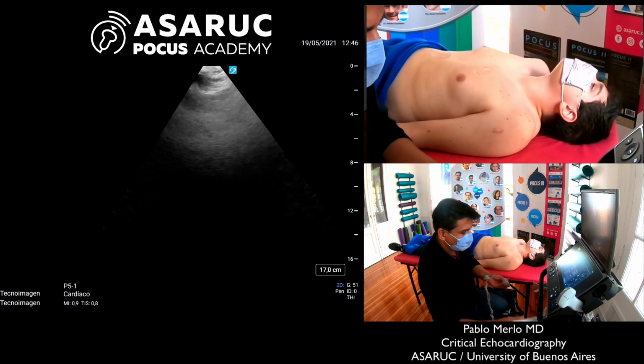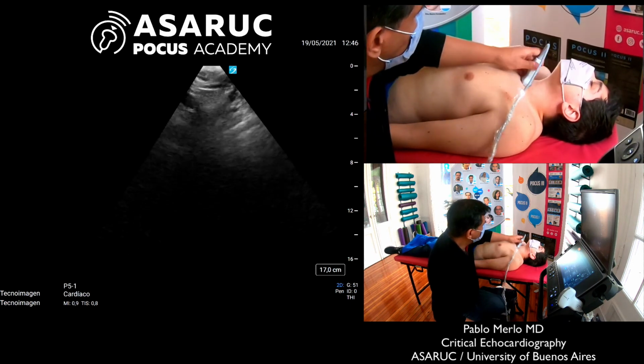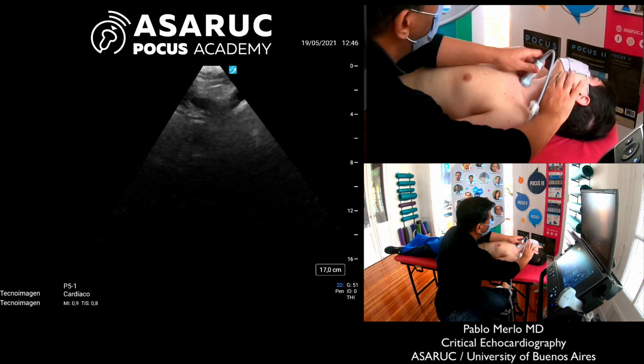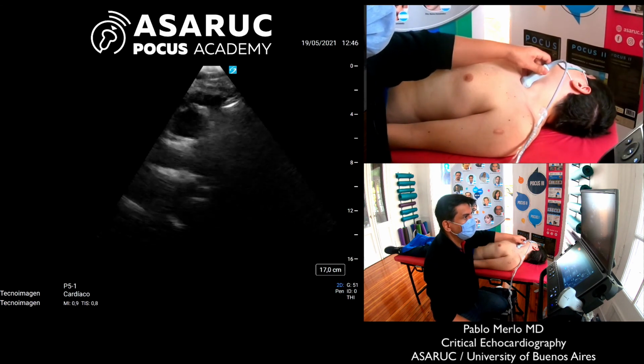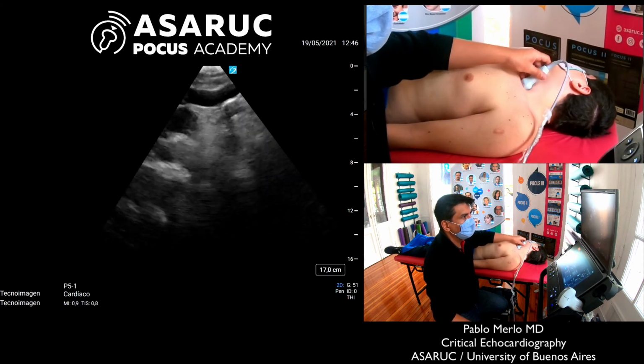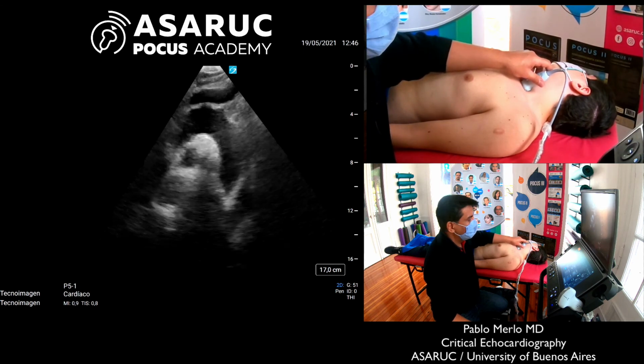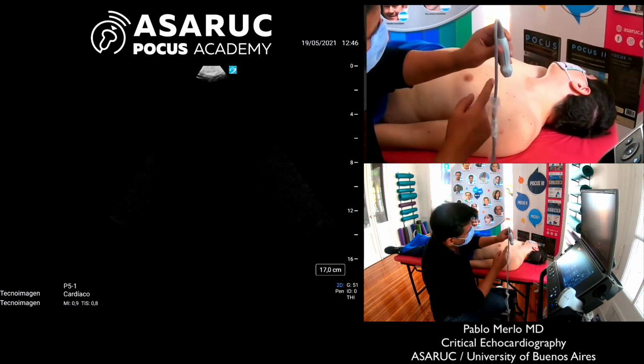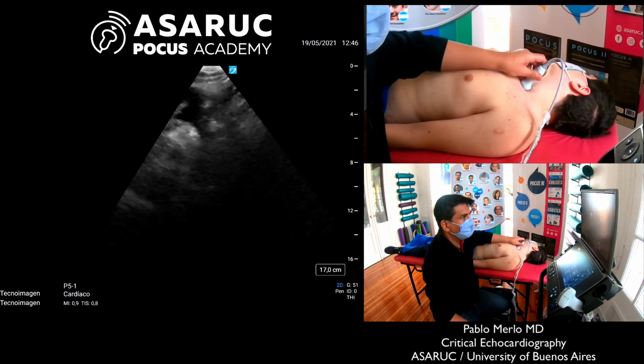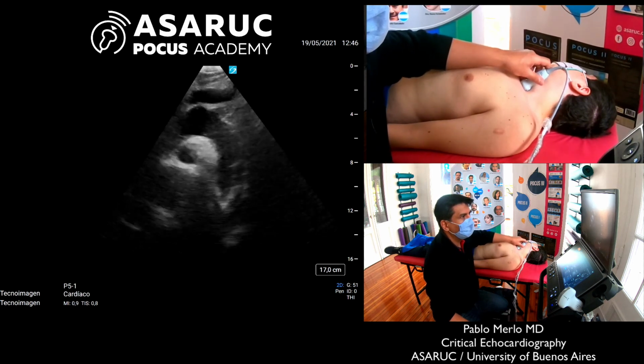Finally, let's get a suprasternal view by asking the patient to extend his neck and turn his head contralaterally. We apply the transducer with the marker pointing towards the patient's left shoulder. We see this long axis view of the aortic arch.